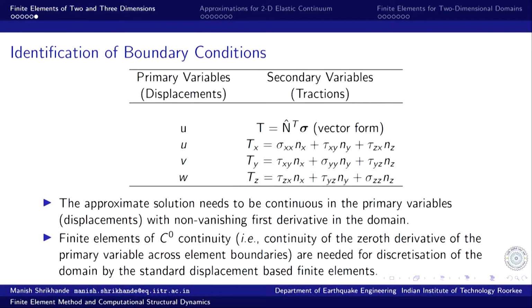So, that implies the choice of finite elements of C0 continuity, that is continuity of the 0th derivative of the primary variable across element boundaries, and we will see how that is ensured in our subsequent discussions. And these C0 elements are needed for the discretization of the domain by the finite element method.